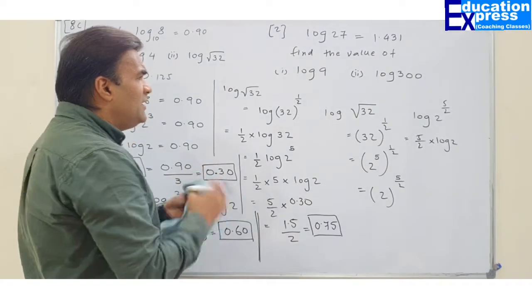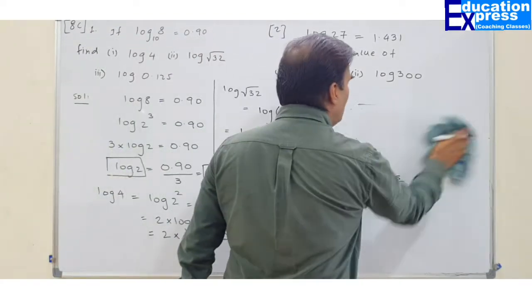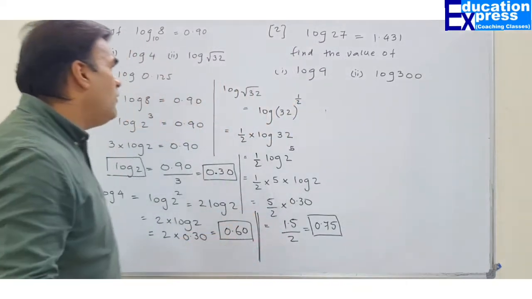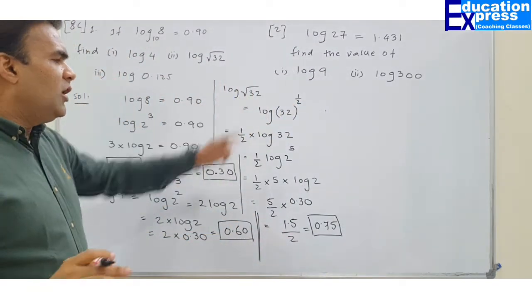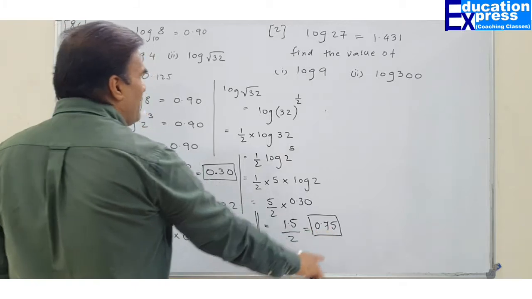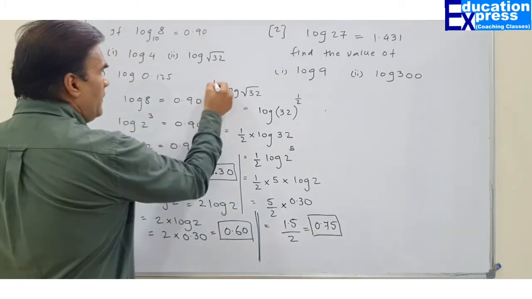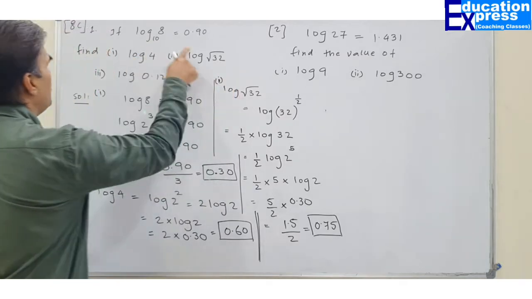With this, we can easily get the value of log of root 32, which is 0.75. So this was the second part of the same question.